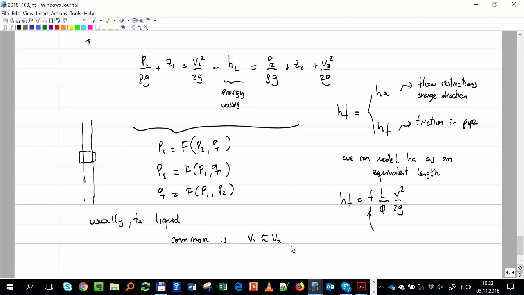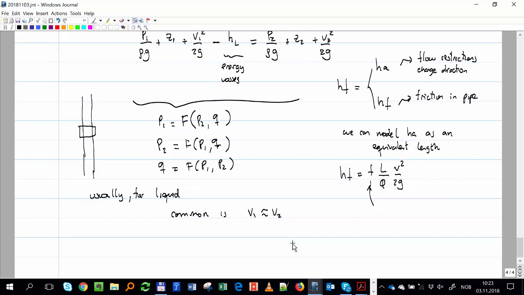Therefore, I take them away from the equation. Okay, so I end up with P1 over density times gravity plus Z1 minus FL V squared over 2G equal to P2 over density gravity plus Z2, right?